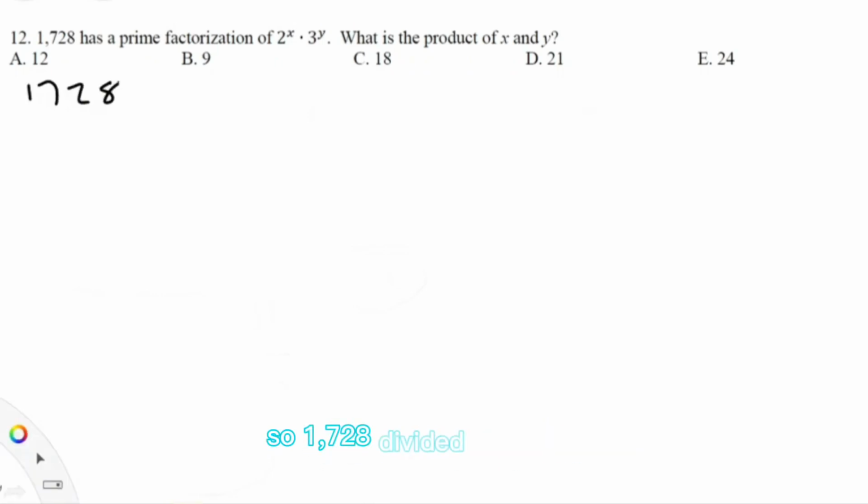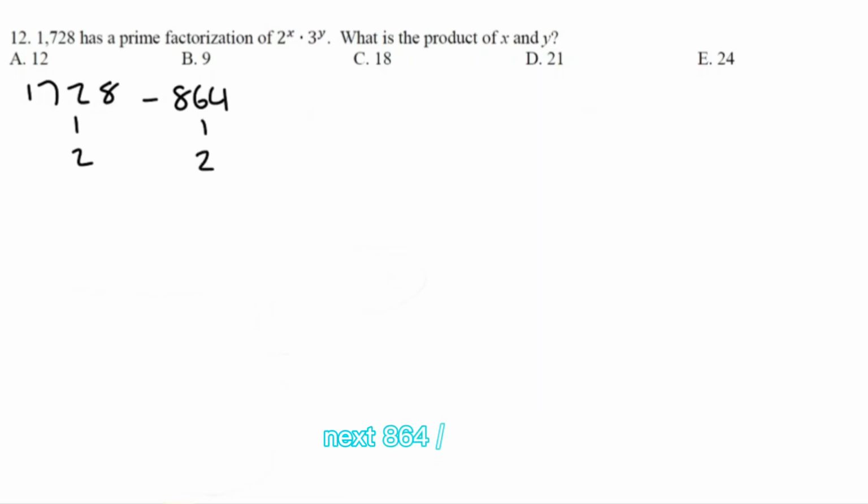So 1728 divided by 2 equals 864. Next, 864 divided by 2 equals 432. Next, 432 divided by 2 equals 216. Next, 216 divided by 2 equals 108.